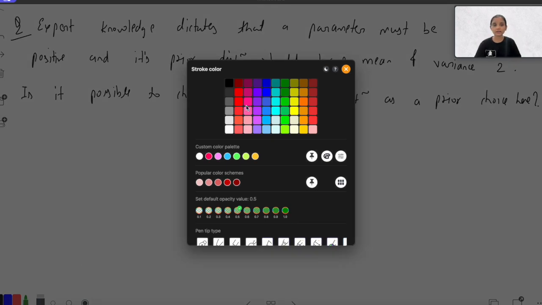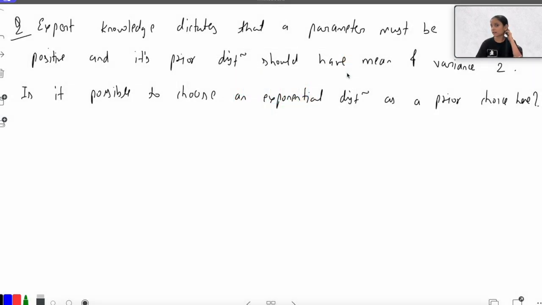So firstly, they are asking that expert knowledge dictates that a parameter should be positive. That means whatever your parameter, let's say theta is the parameter, that is positive, greater than 0, and its prior distribution must have mean and variance 2. That means expectation of theta and variance of theta has to be equal to 2.